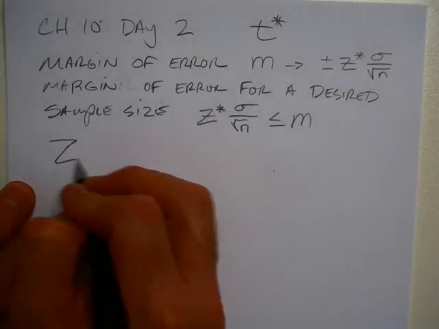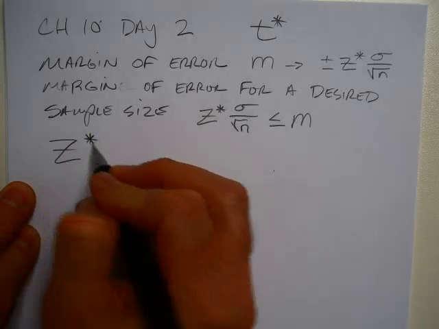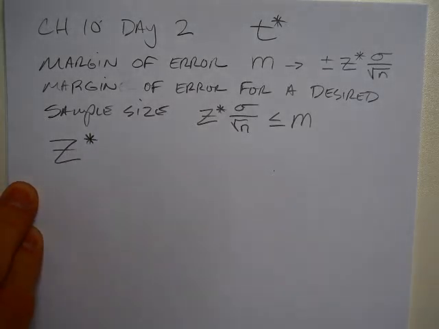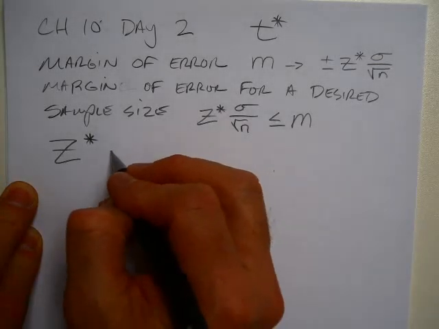And we use Z star when we make a confidence interval inference about an unknown mu.